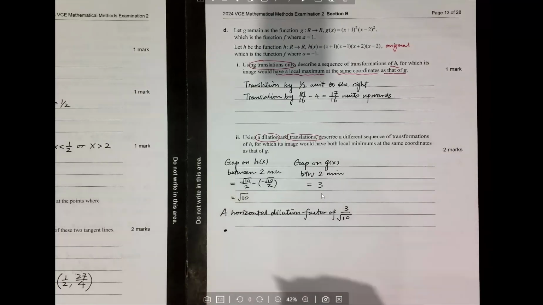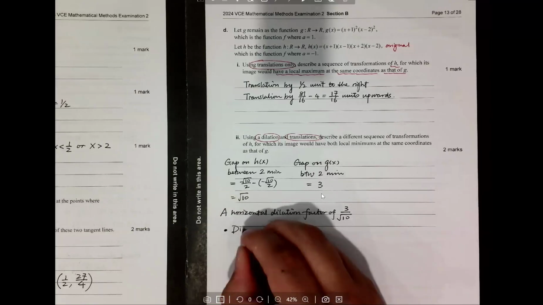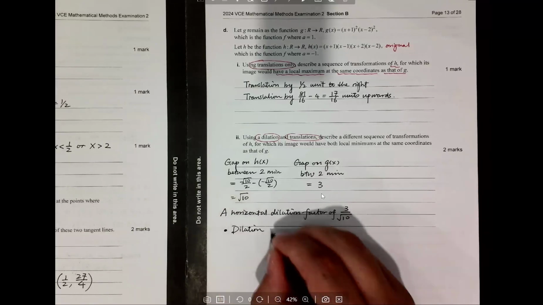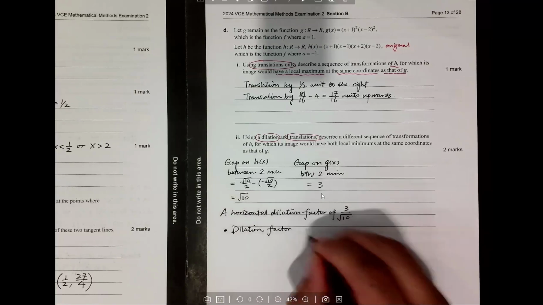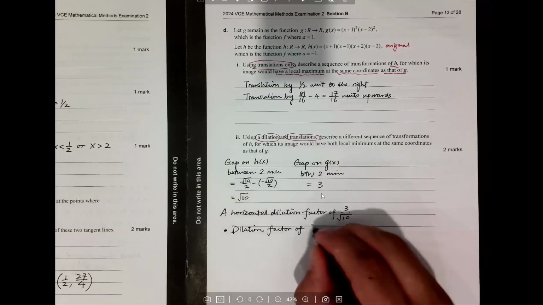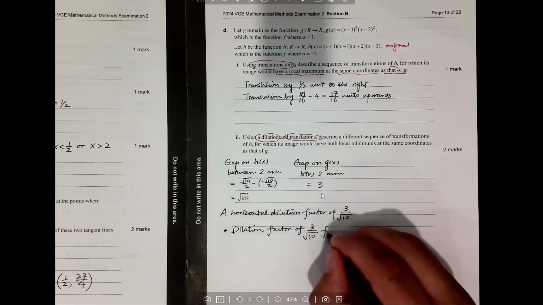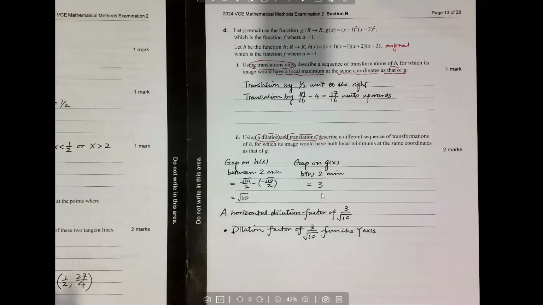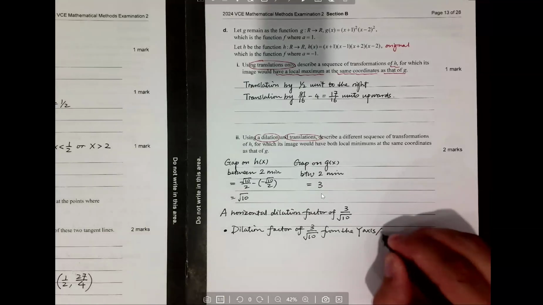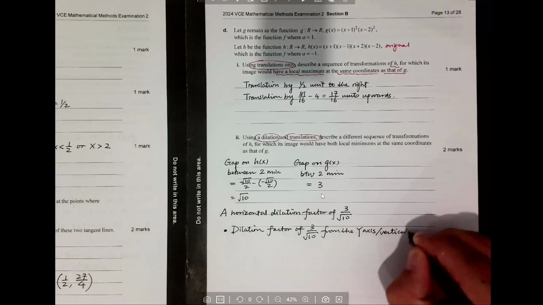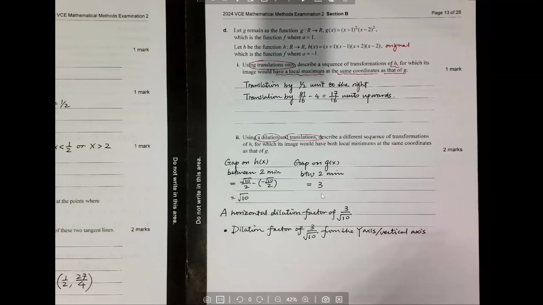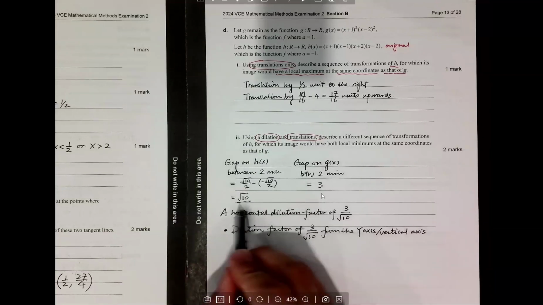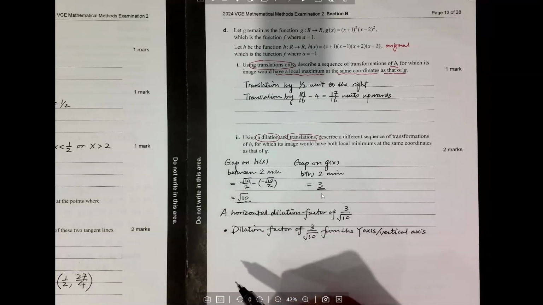Let's say dilation factor of 3 over root 10 from the y-axis. Or actually, you could say from the vertical axis, okay? But it's a horizontal stretch, okay? This one is wider, this one is narrower, okay?